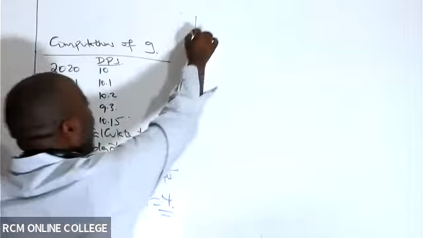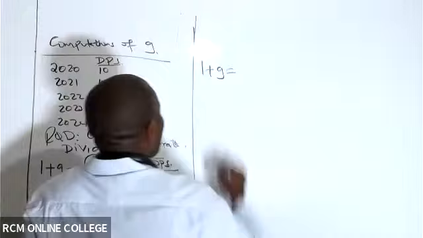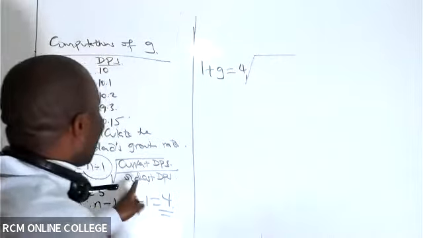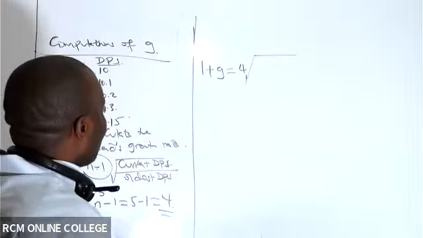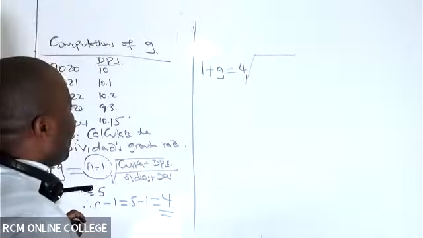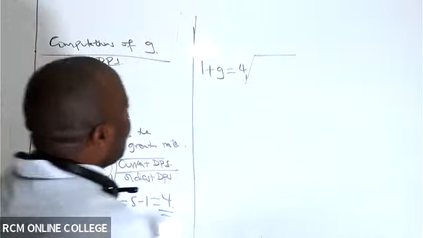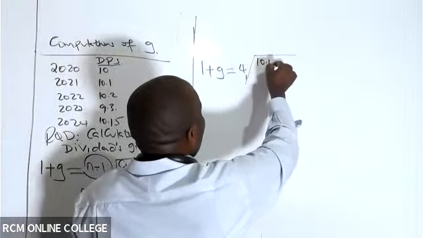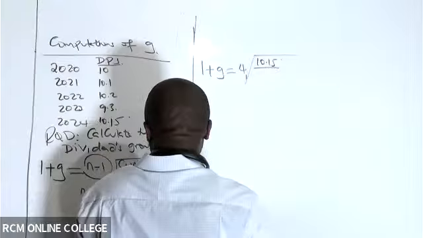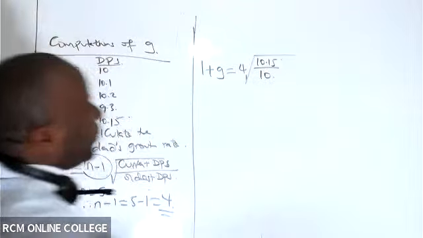So we are saying here that our 1 plus G will be equal to the fourth root of the current dividend per share. The most current dividend per share is 10.15, all over the oldest DPS, which is 10.